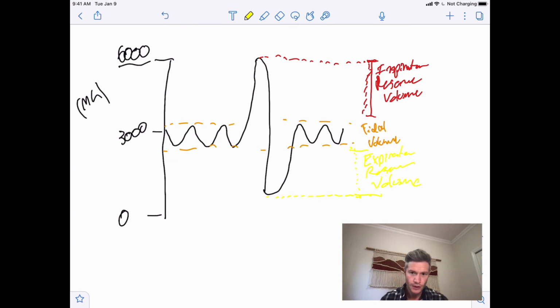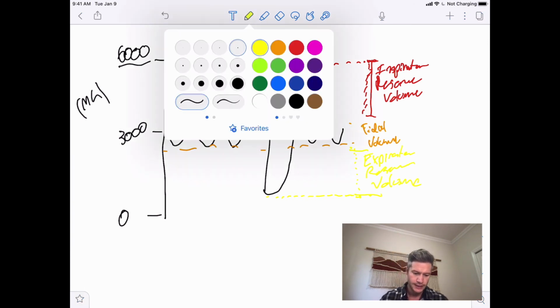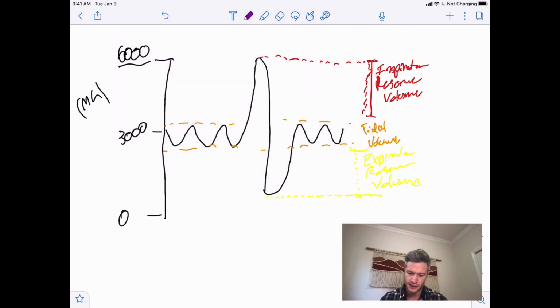Okay. So if we're going to look at our vital capacity, that's one of the first things that we measure in lab, not necessarily the first thing we look at when we're analyzing things, but your vital capacity. So the capacity that we have essentially to do any breathing will be from the maximum amount that we can breathe in, including the tidal volume, to the maximum amount we can breathe out.